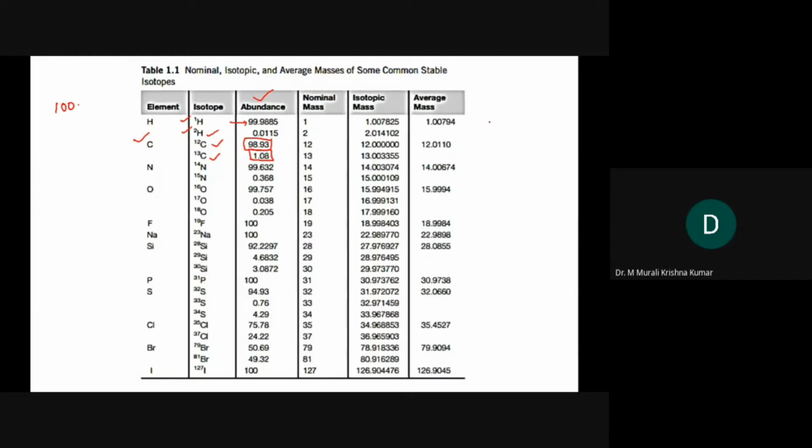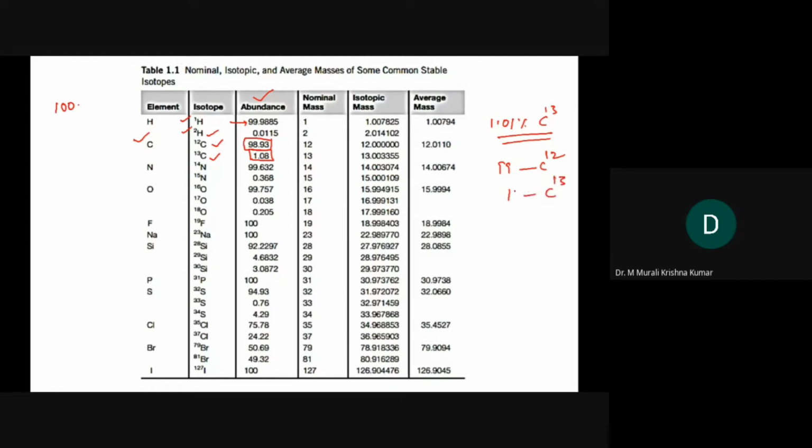It means C13 will be there at almost 1.01%. Means if you take 100 molecules of a compound, then 99 molecules will contain all C12, and one molecule will contain C13.